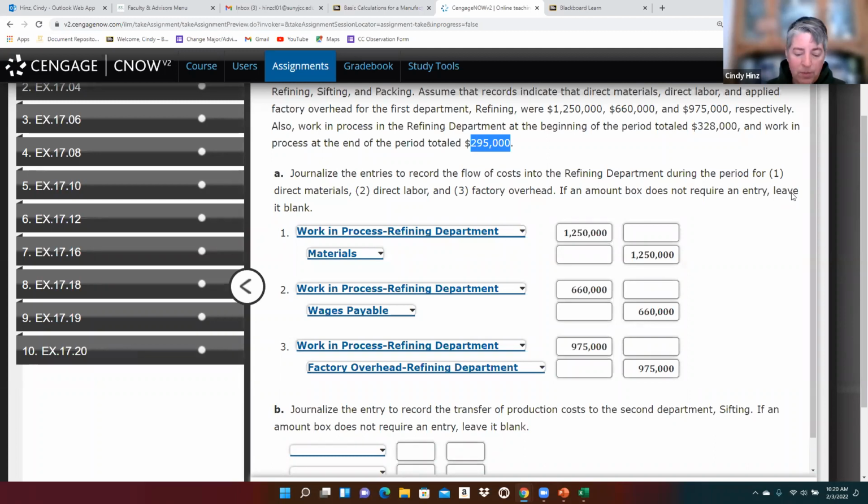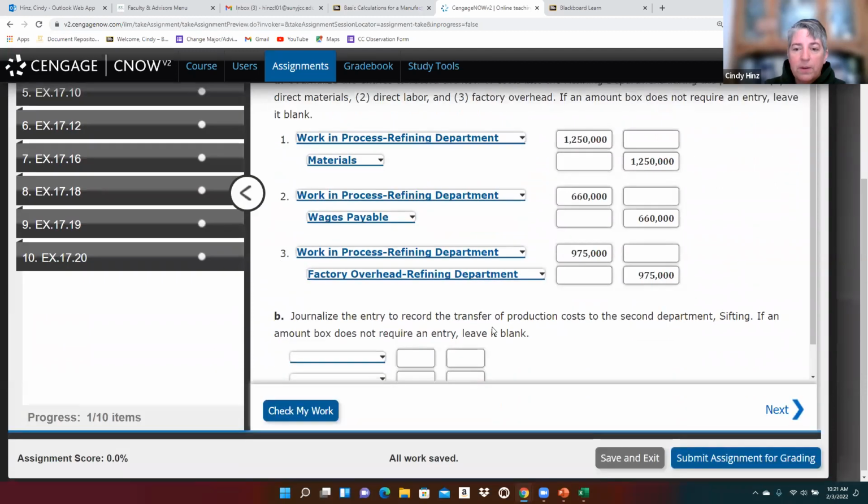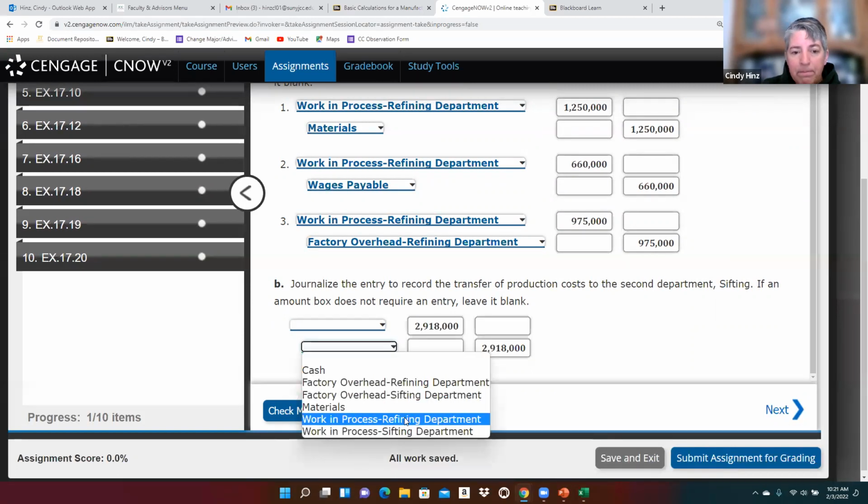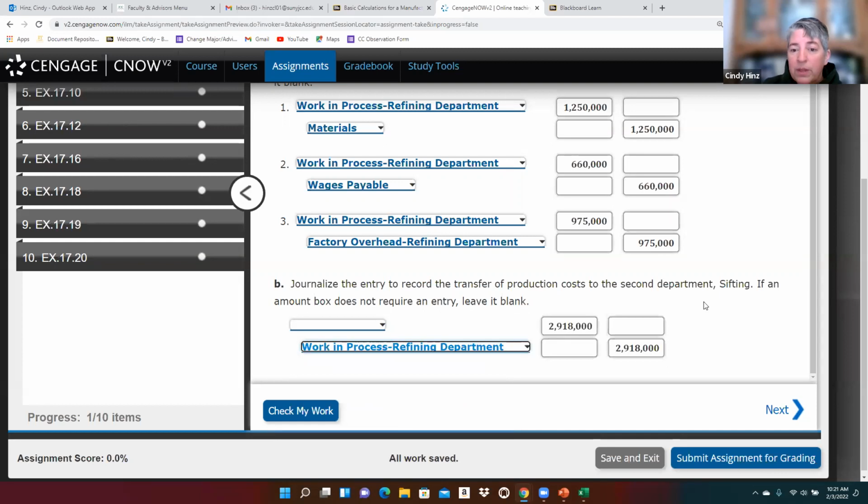It's still in the work in process department. So if I subtract that, I will get how much was transferred out. And what I found, if I did the math right, with my spanking new calculator, $2,918,000 is the amount that was moved out of work in process refining. And where was it moved into? It was moved into the next step in the process, the sifting department.